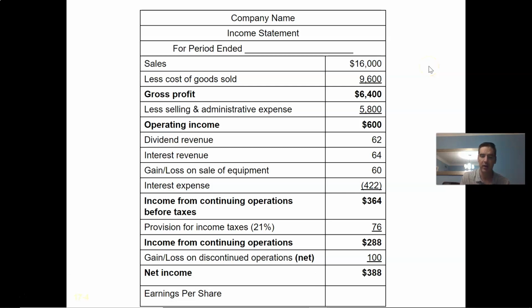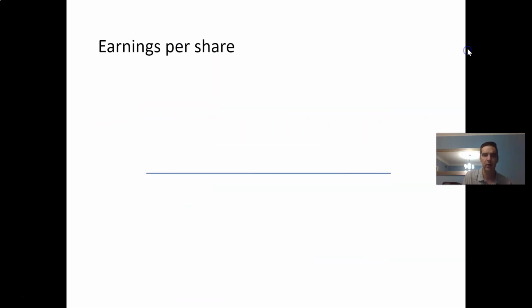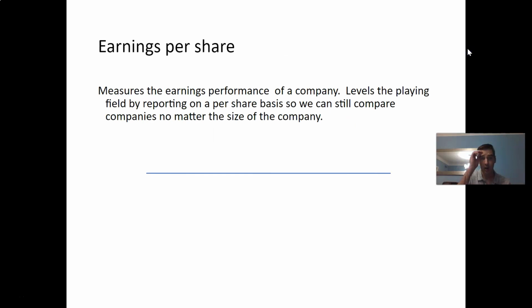And then you have the formula for earnings per share. Discontinued operations, I already went over that. Earnings per share measures the earnings of a company. It levels the playing field by reporting on a per share basis so we can compare companies no matter the size of the company.